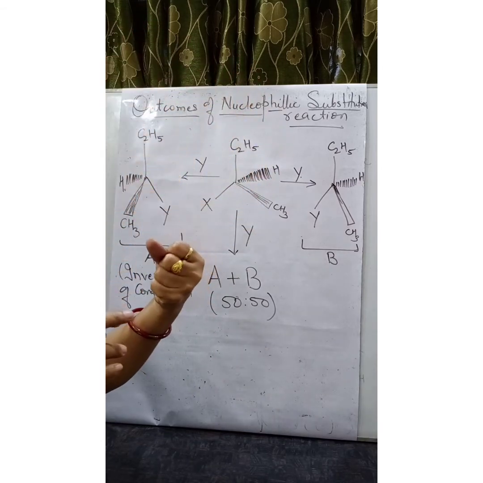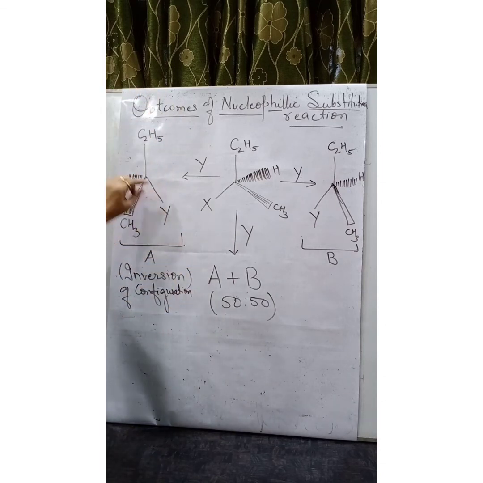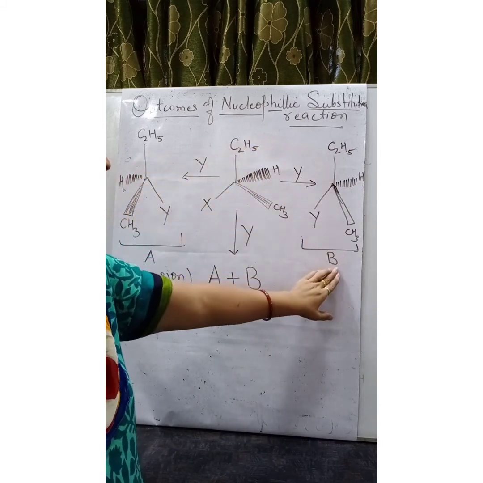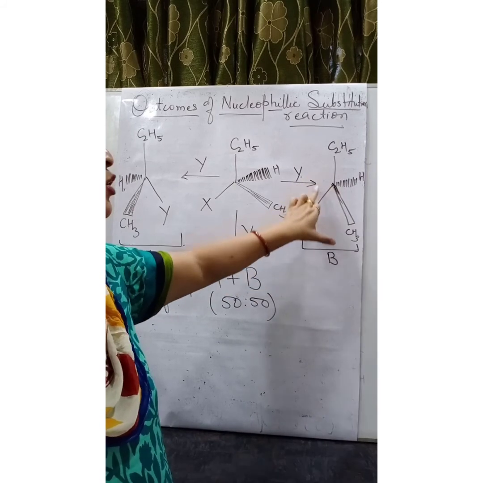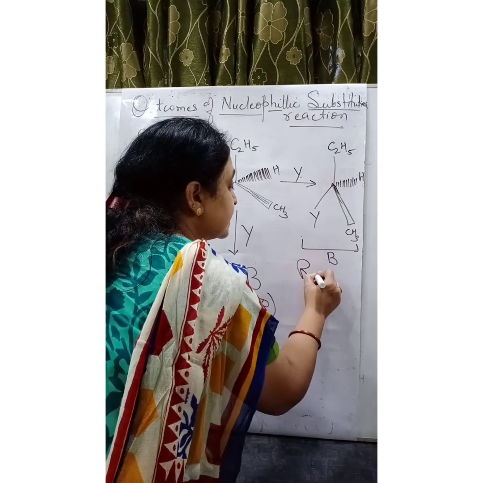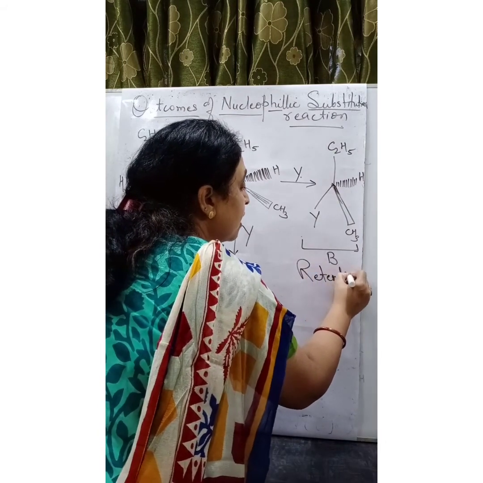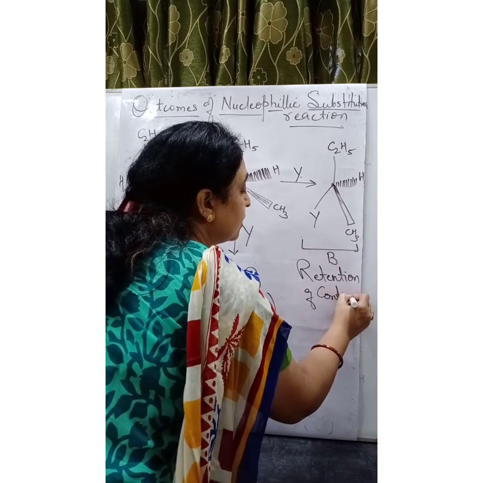You are holding the handle of the umbrella, but the umbrella turns upside down. In the same manner, all the groups get inverted. Inversion of configuration.